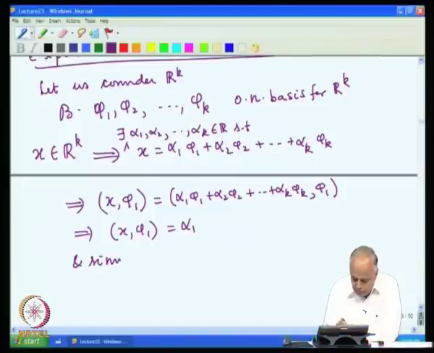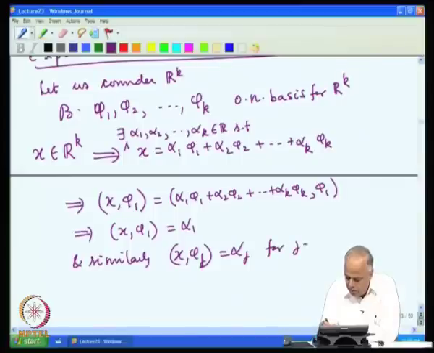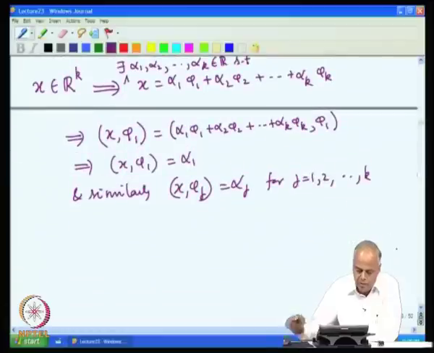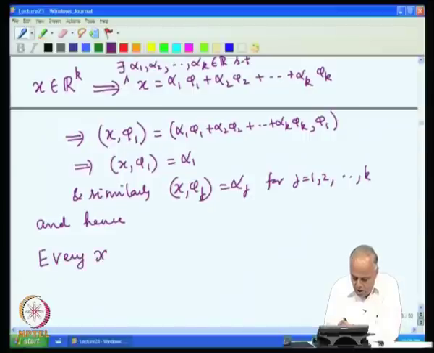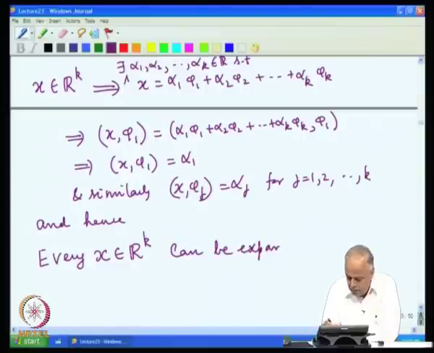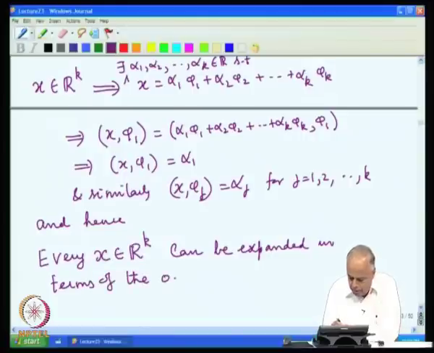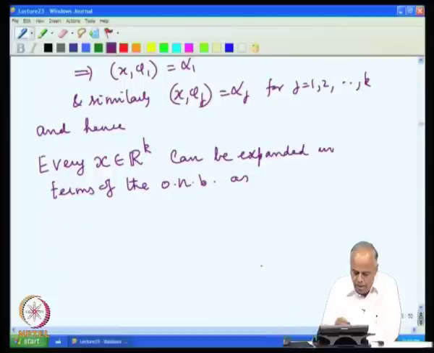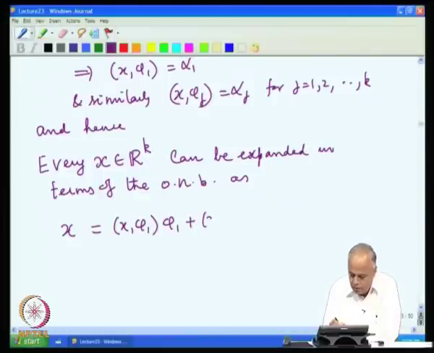And similarly, the inner product of x with phi j will be equal to alpha j for j equal to 1, 2, up to k, and hence every x in R^k can be expanded in terms of the orthonormal basis as x equals x comma phi 1 phi 1, plus x comma phi 2 phi 2, plus so on, x comma phi k phi k.